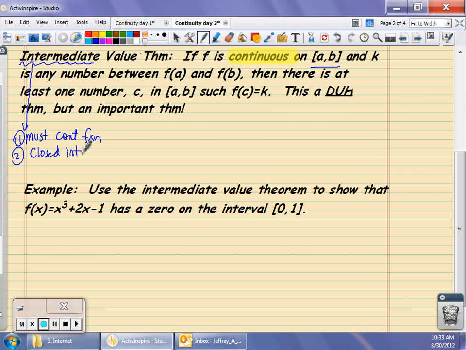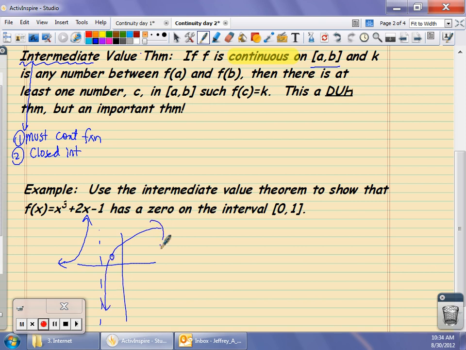And so just to help you to understand that, let's say we had a graph that had a vertical asymptote, and it did something like this, and then maybe over here it had a point discontinuity.